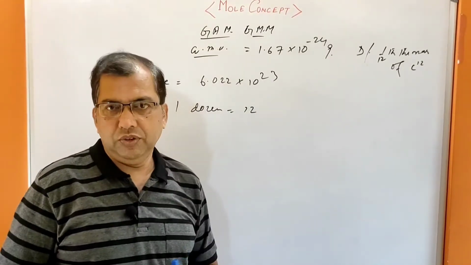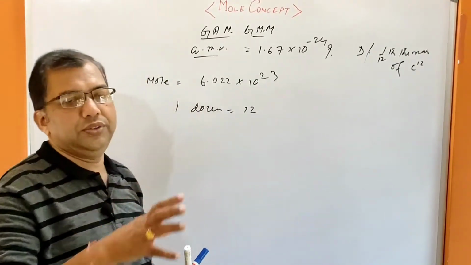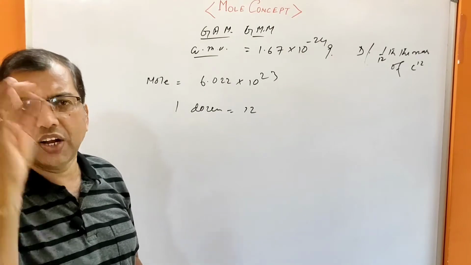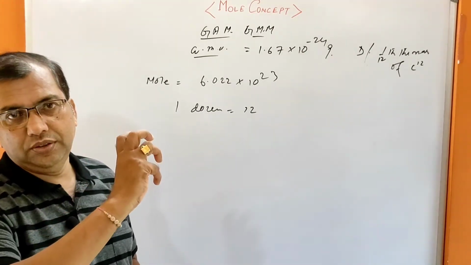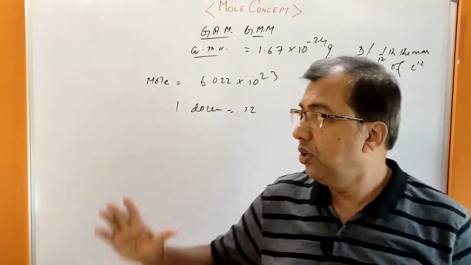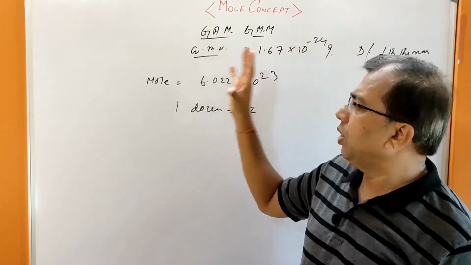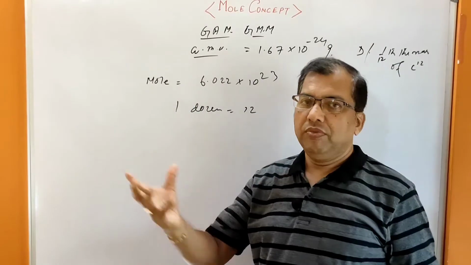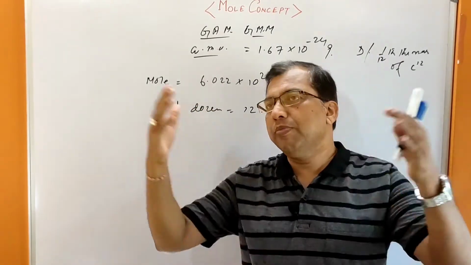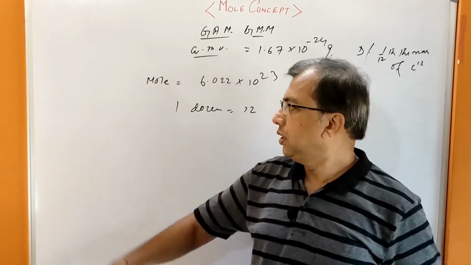The same thing. Similarly, mole is the concept for counting numbers, counting atoms, counting ions. As this is a big number, a large number, in that case we have to count atoms, molecules, ions. In case of any molecules or atoms or ions, a huge number of them are there.